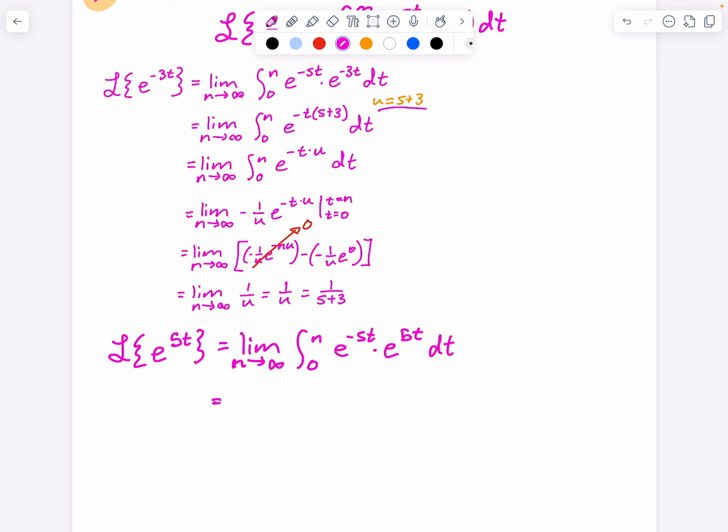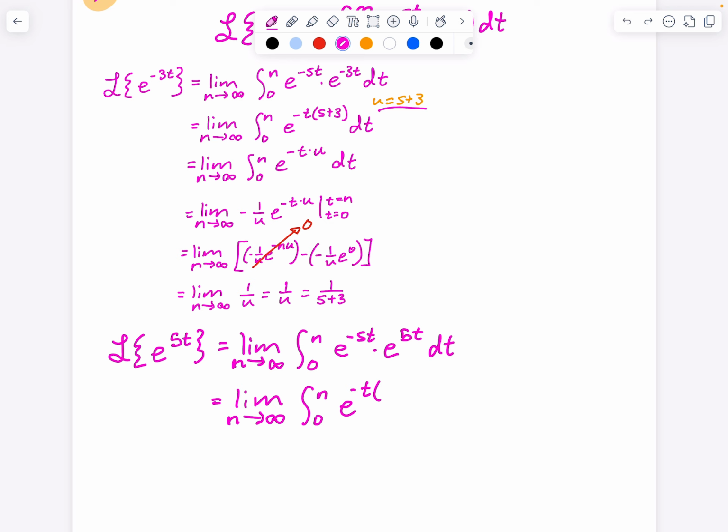This equals, all right, we can put them together. So the limit as n goes to infinity, and then we got 0 to n. Remember, we add our exponents, so we're going to have 5t. I think you guys could probably see it. We got t, and then let's pull out negative t, right? That's what we want. Negative t, and it's going to be s minus 5.